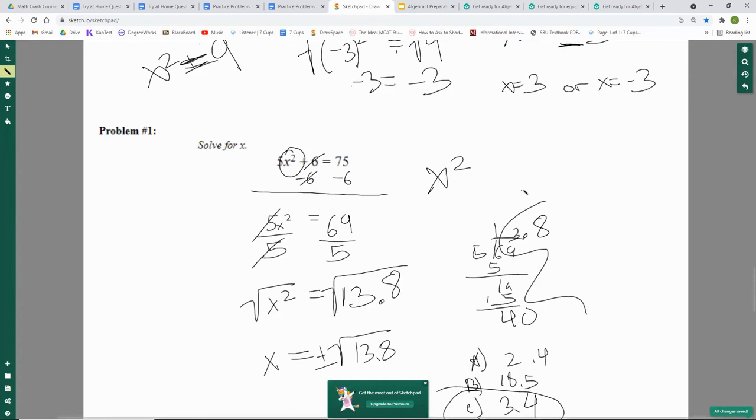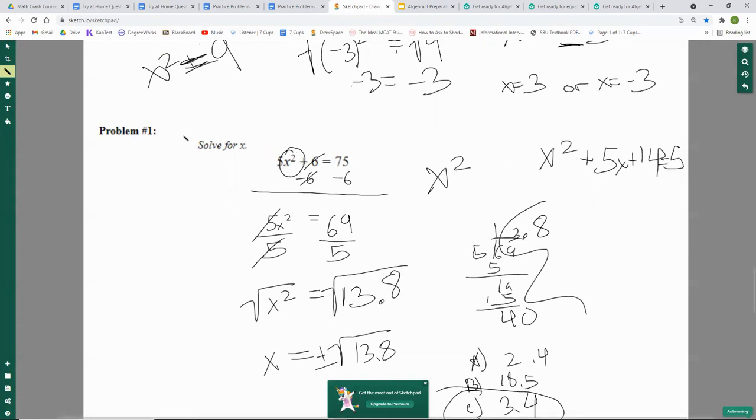In the future, when you go into Algebra 2 class, you'll probably run into problems that have something like x squared plus 5x plus 14 equals some number, for example 0.